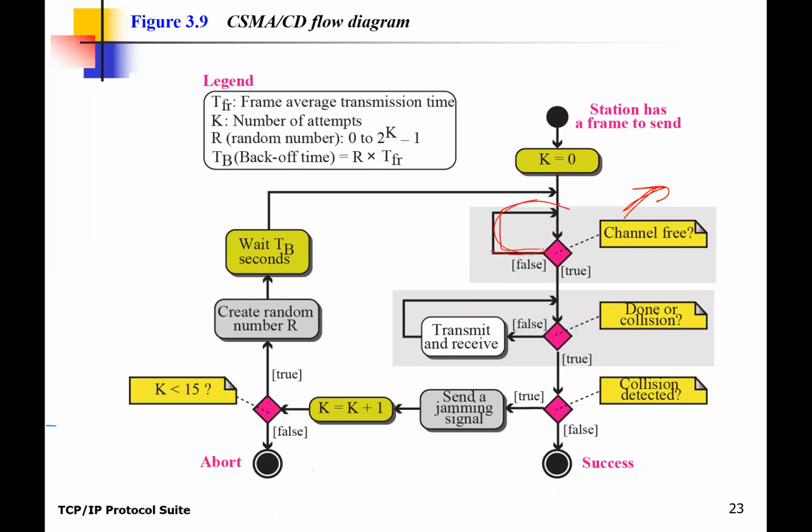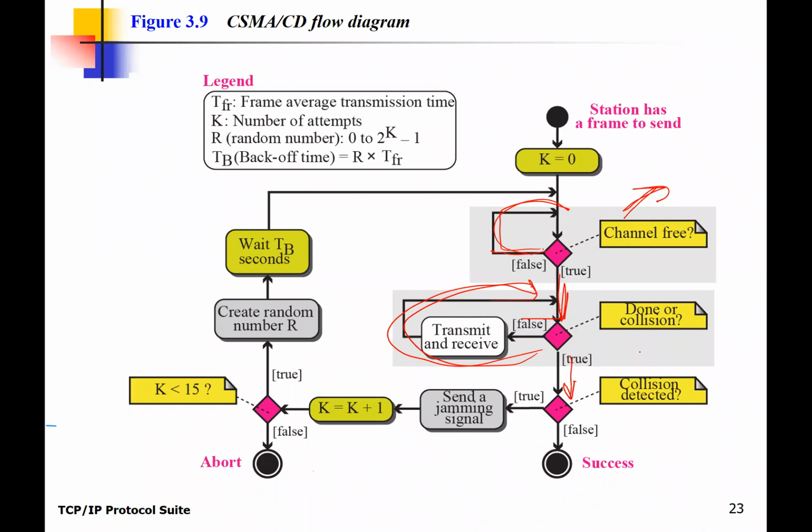I have to wait. If the channel is not busy, then I come here and check if I'm done, if I finished sending. If I'm not done, I just keep sending. I go back and keep sending until I finish. Perfect. If I'm done, I go down here.